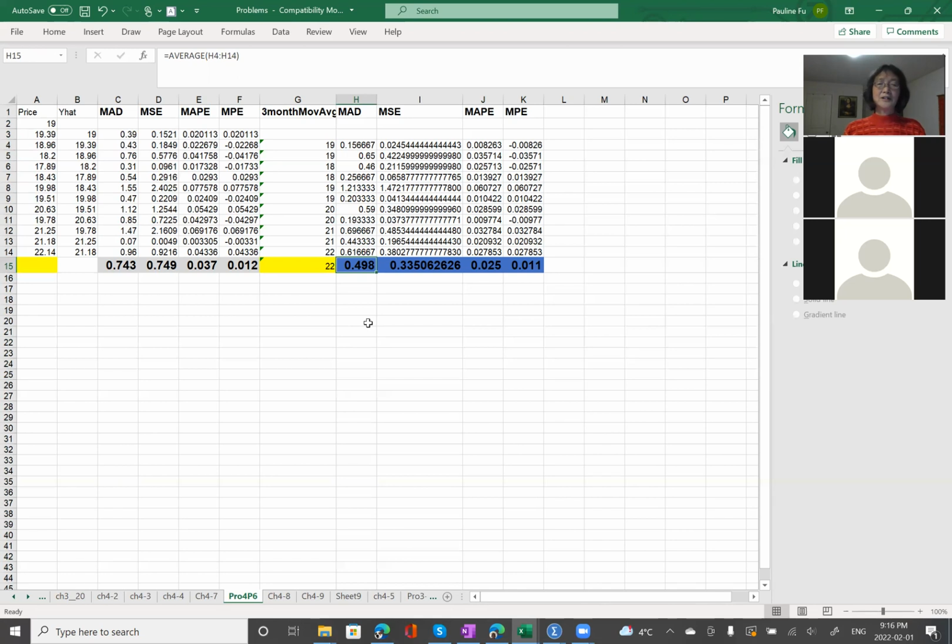When I compare the errors using these two methods, I found the second method is better than the first, so I would use the second method. If the person is an expert, you need to tell them the naive model and the 3-month moving average model. Okay. Thank you for your question.